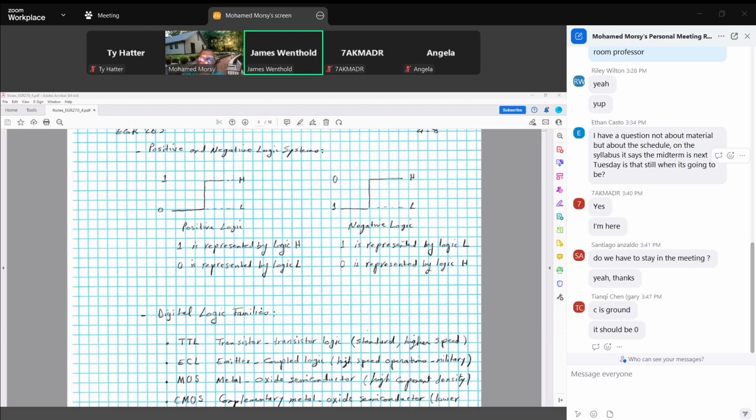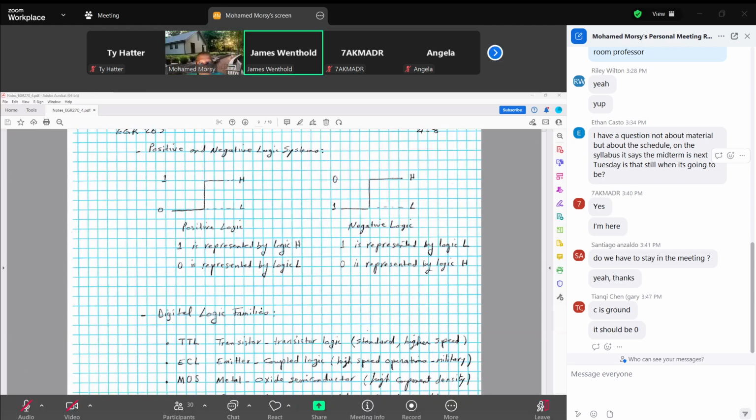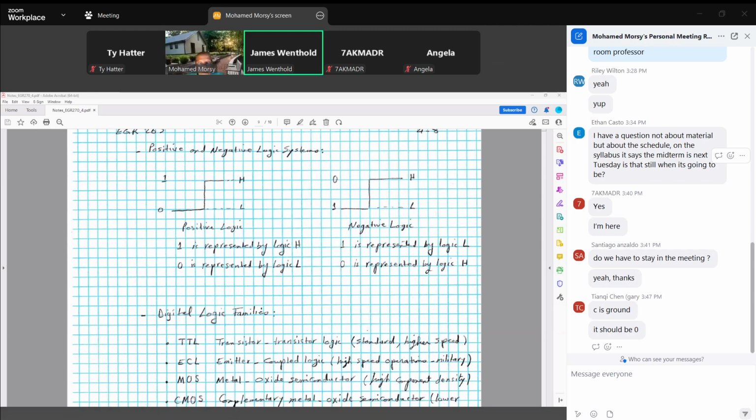Professor, yes, sir. For question 5, is that already in the two's complement form, or do we have to convert it first? We need to subtract these two binary numbers using two's complement form.